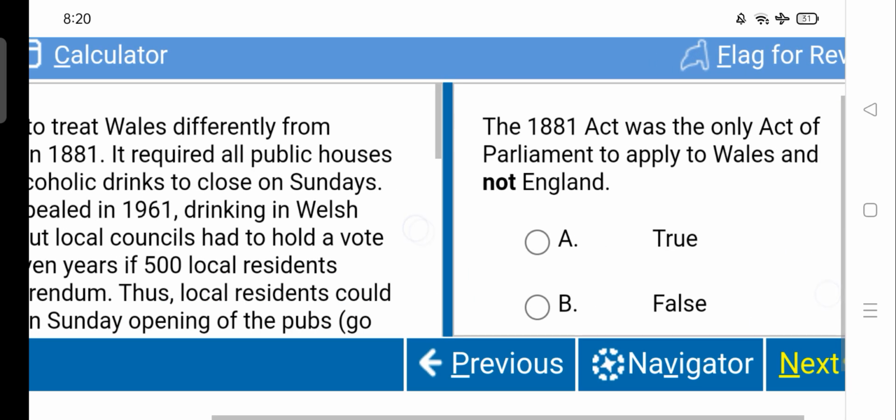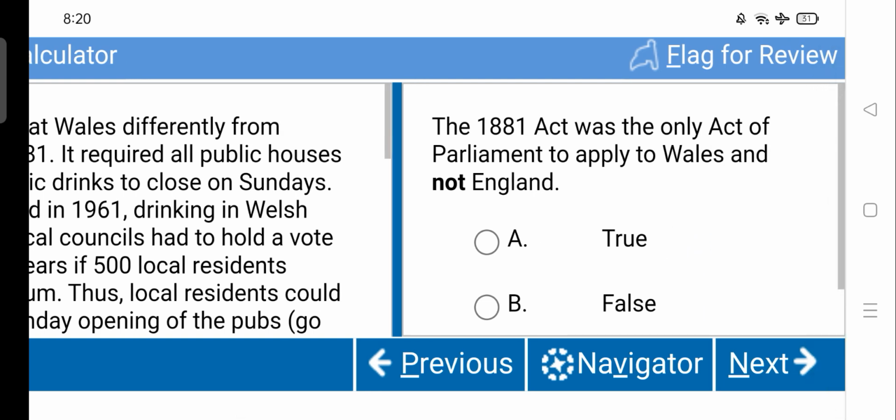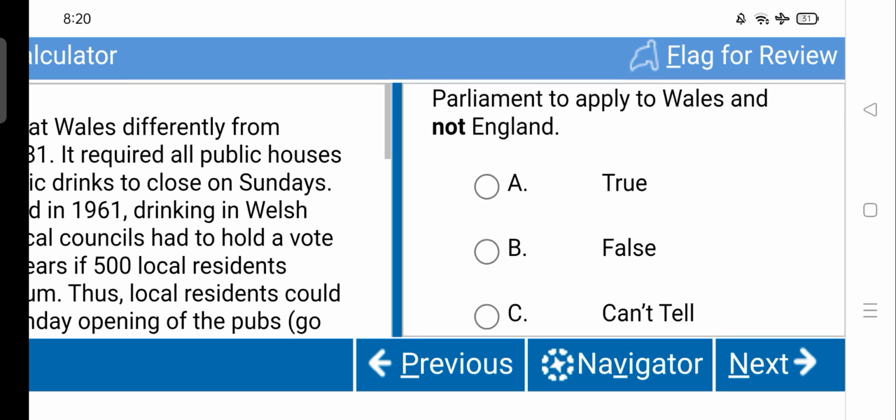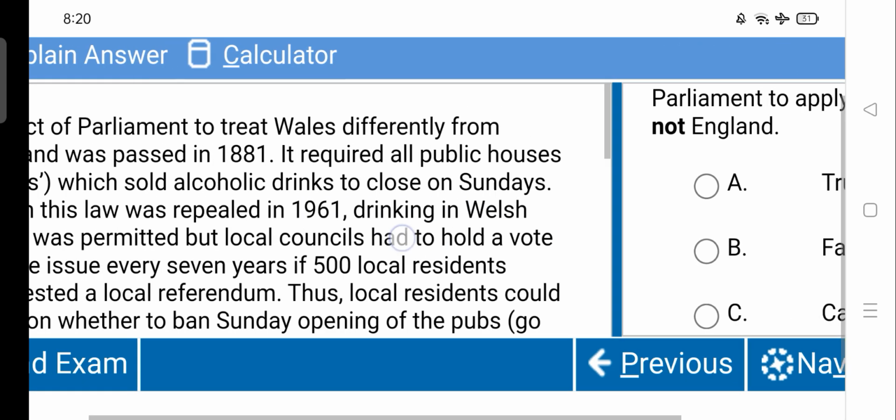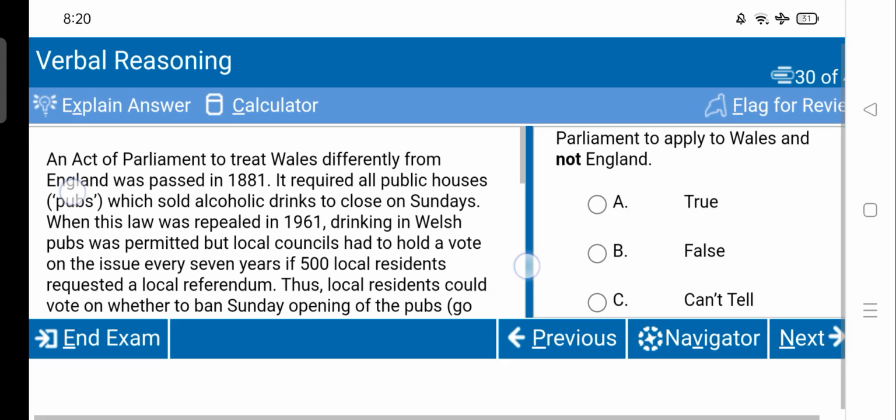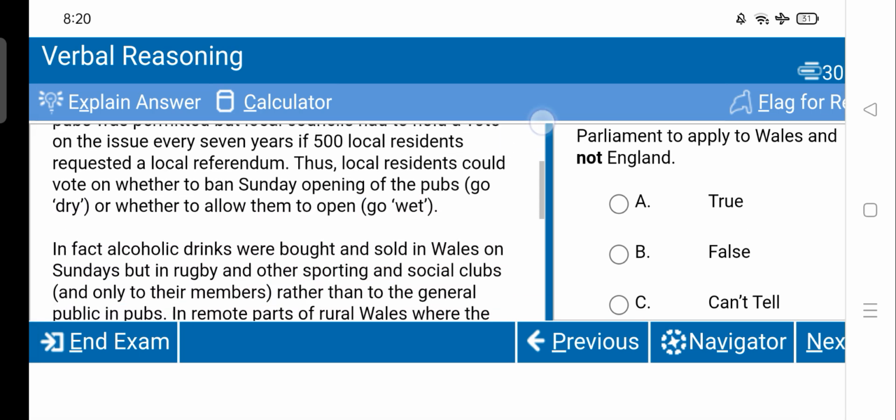Next we have question number 30, which says the 1881 Act was the only act of parliament to apply to Wales and not England. Option A, true. Option B, false. Option C, can't tell. And here we have this passage.